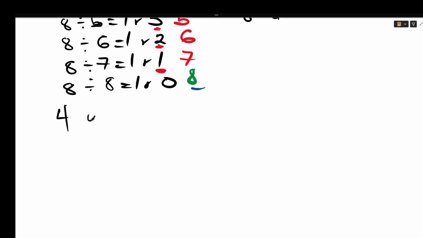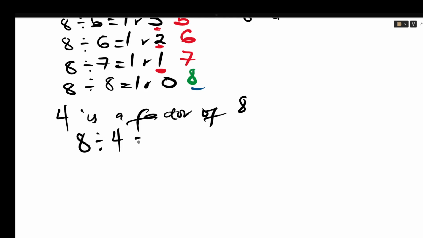I can say 4 is a factor of 8. 4 being a factor of 8, if I have 8 divided by 4, I get 2. Now that answer, the 2, also becomes a factor of 8.